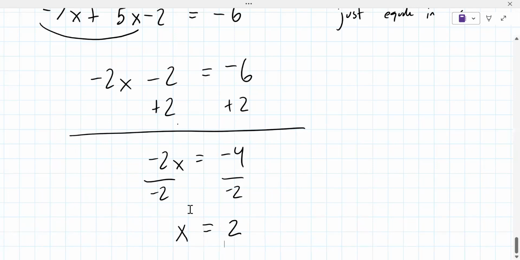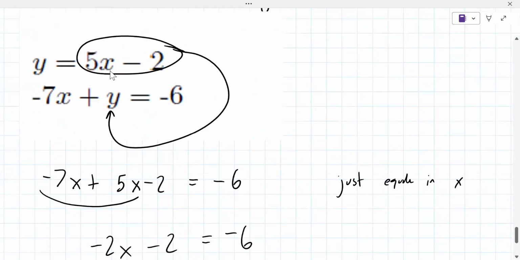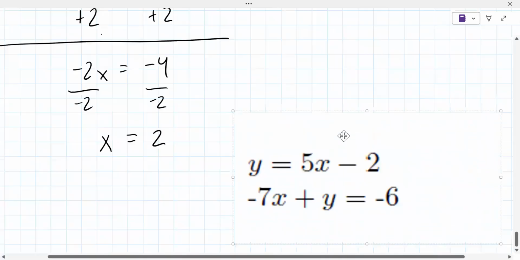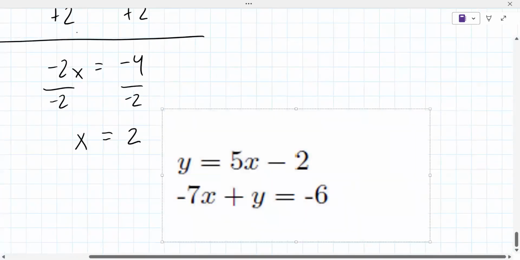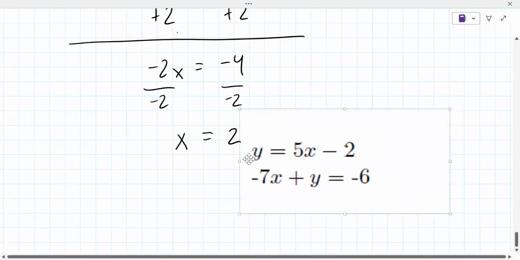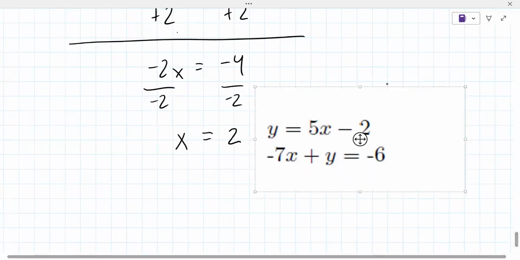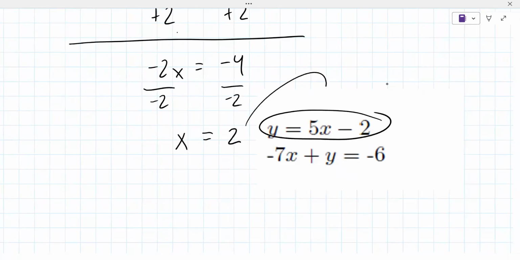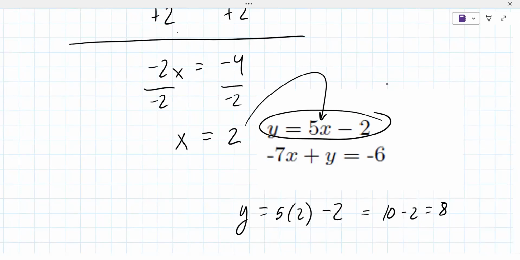So now we're going to go back and we have our choice of equations. But we really should use the one that's already solved for Y. So we should use this first equation, put the 2 in for X. The Y is 5 times 2 minus 2, 10 minus 2, which is 8.